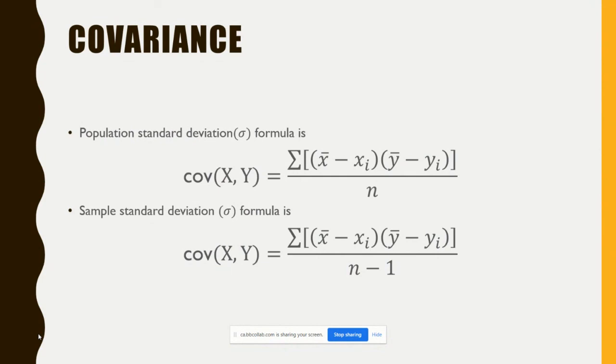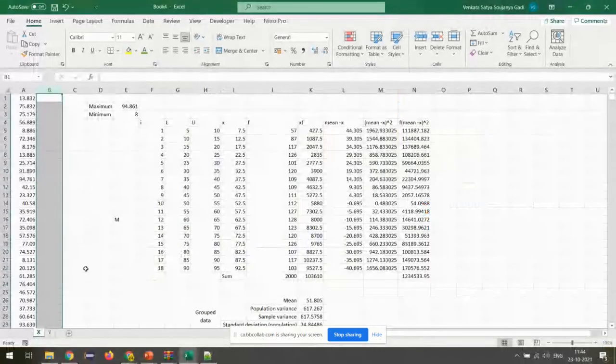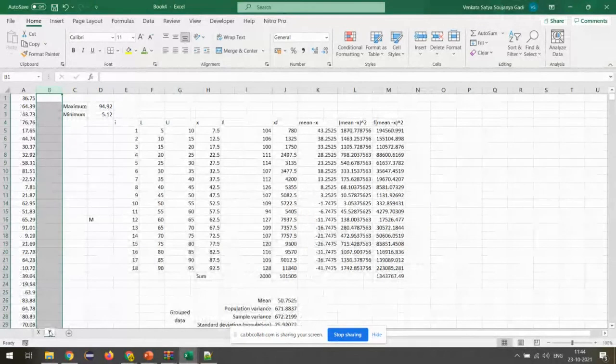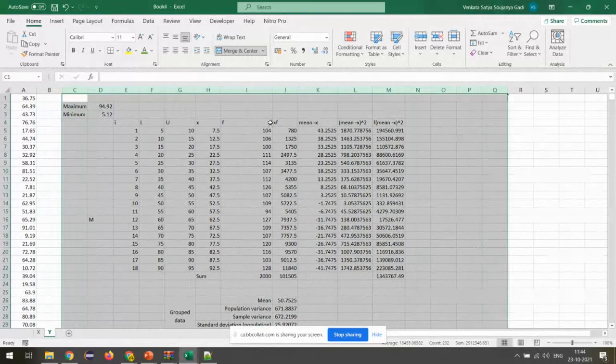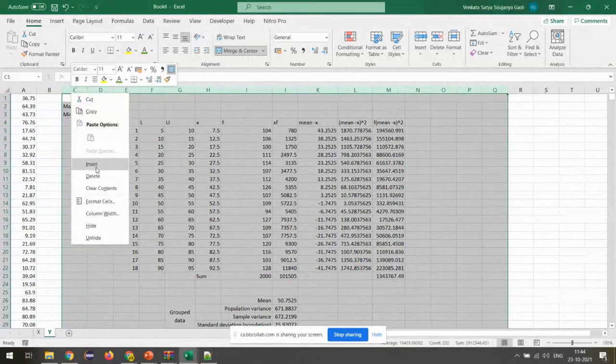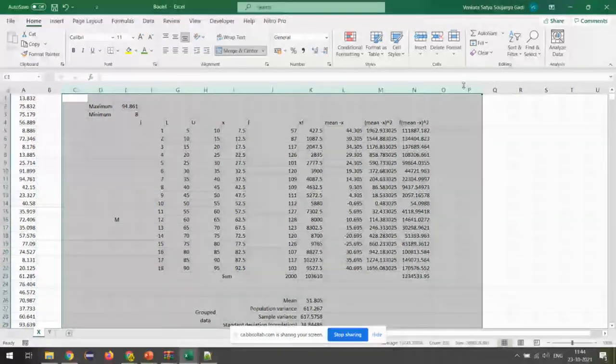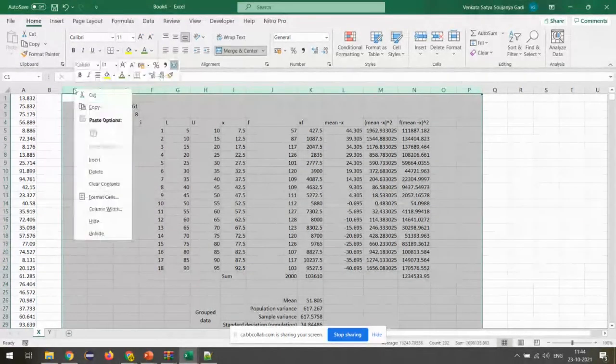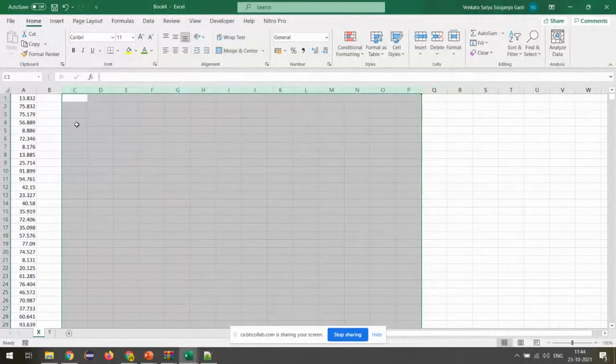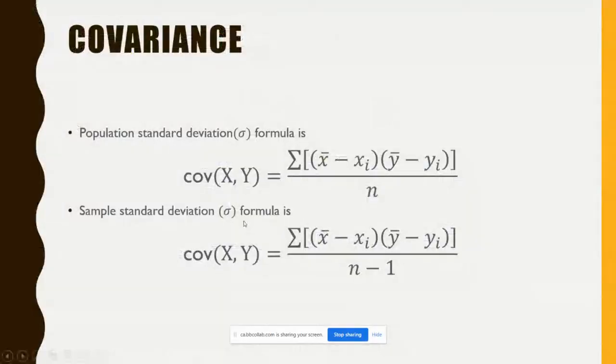The covariance. This we do on the individual data elements. We don't want to go for the group data. We just do on individual data elements. So let me remove this. Let me remove this. Okay. So we have X data, Y data.